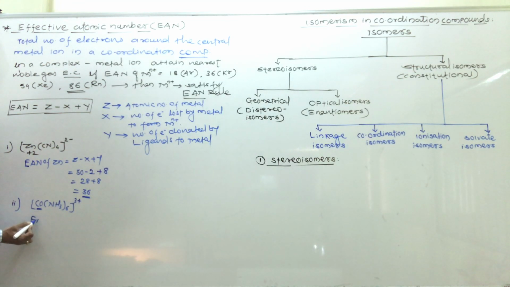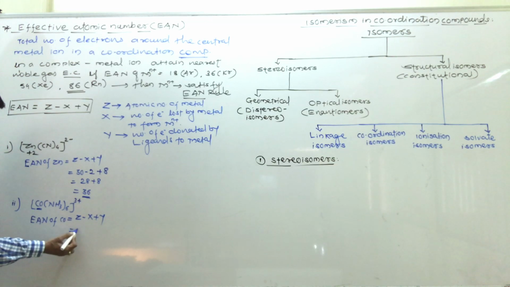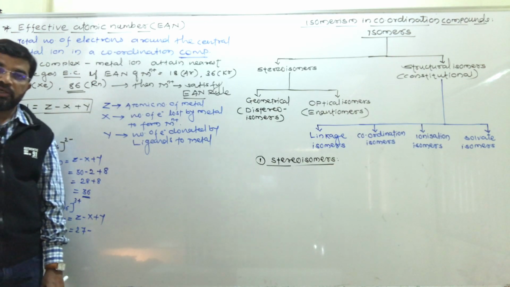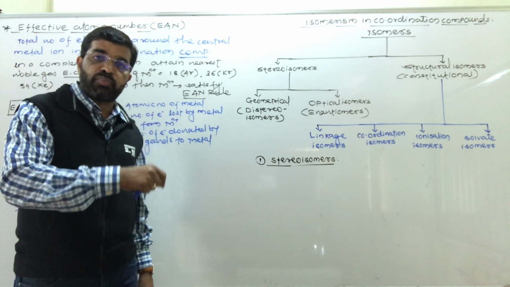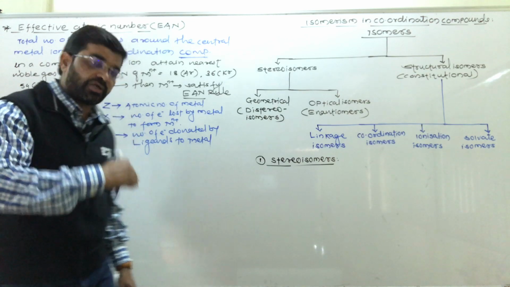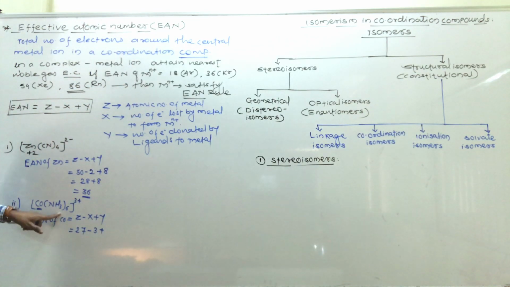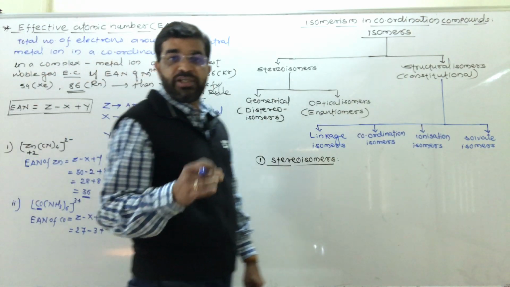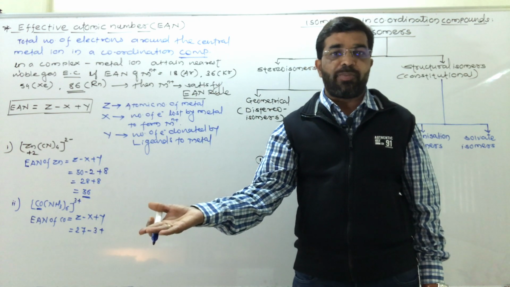Therefore, effective atomic number of cobalt in this complex is Z minus X plus Y. Atomic number of cobalt is 27, minus how many electrons lost by cobalt to attain plus 3 oxidation number? 3 electrons. It is 27 minus 3 plus, 1 ammonia molecule donates 1 lone pair of electrons to cobalt.